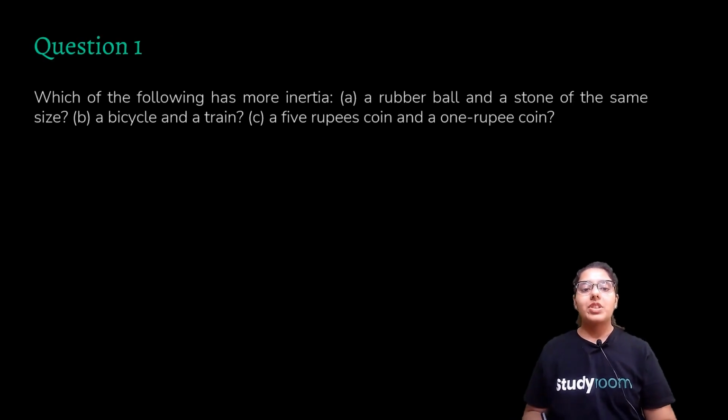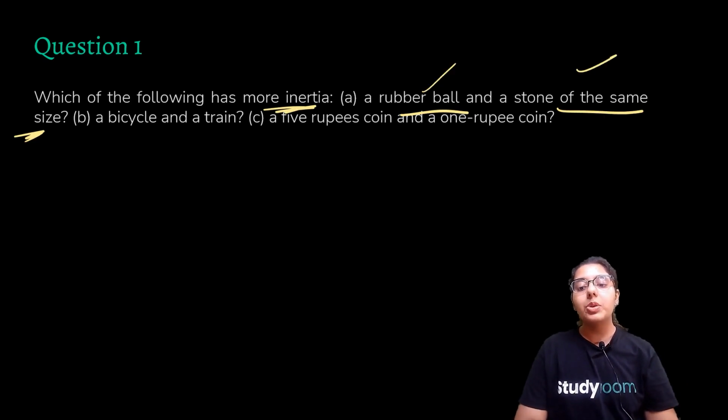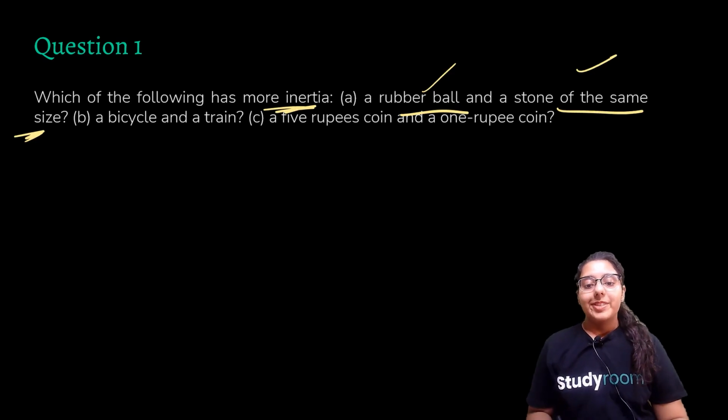Let's do this question. A rubber ball and a stone of the same size: which of the following has more inertia? You tell me. You have both the things of the same size. Which one is heavier? What do you think? The mass of the stone is more.